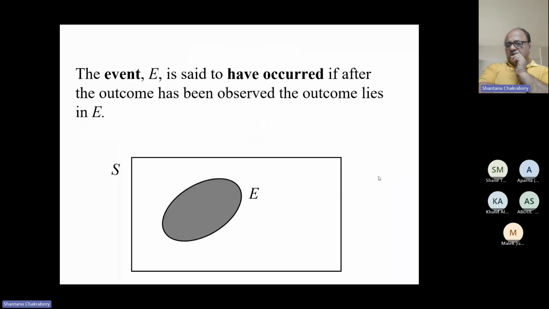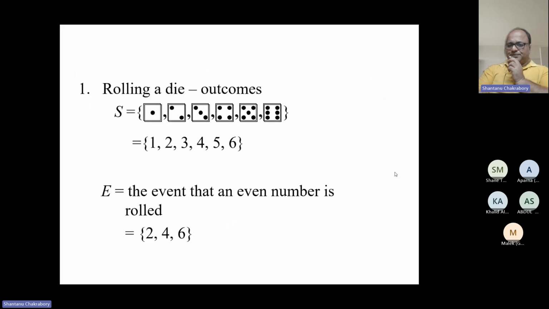Suppose you are spinning a coin for a toss. Whether you get a head or a tail, that is the event, right? So an event is said to have occurred if the outcome has been observed or where the outcome exactly lies, right?